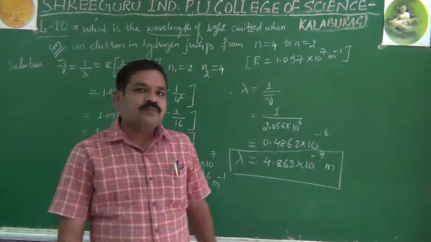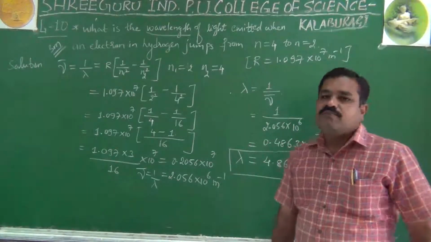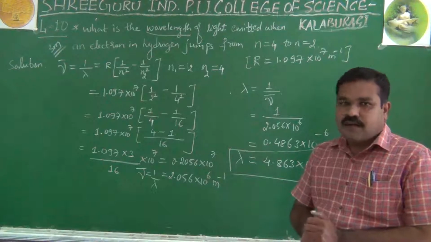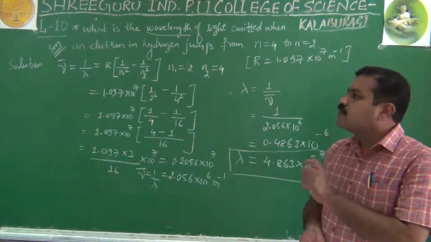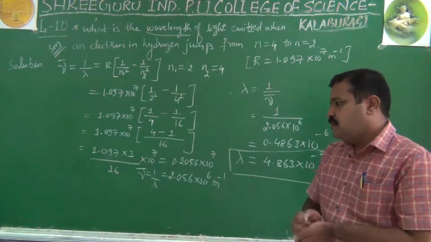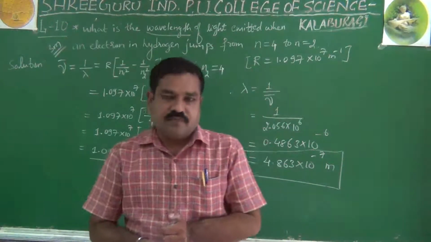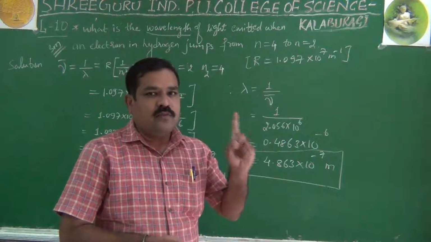So students, first see, by using the Rydberg equation, what we have calculated today is the wave number, right? And then next, the wavelength by using the Rydberg formula. Now, if you continue one more step, what we have calculated first is the wave number, nu bar.